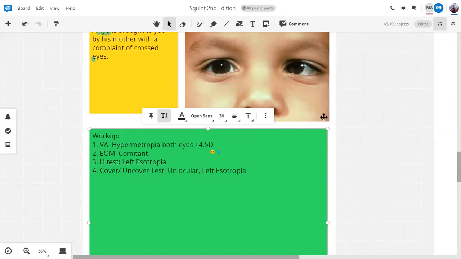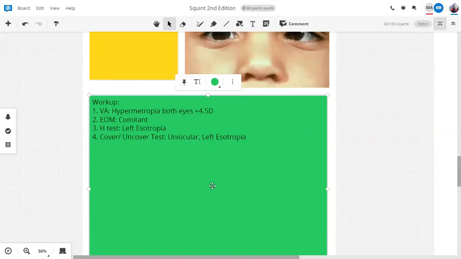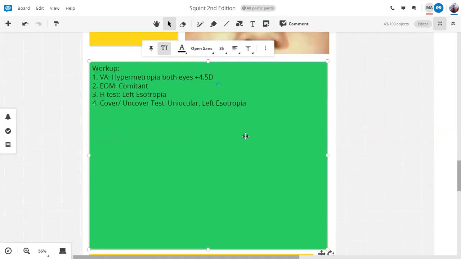Okay, so it's uniocular, it's left esotropia. So what is our final diagnosis? Left esotropia. Our final diagnosis is left esotropia.